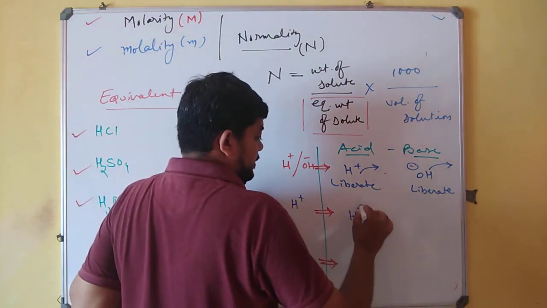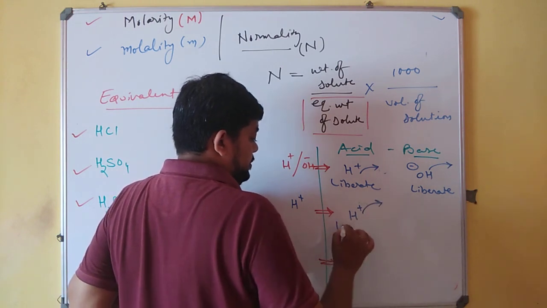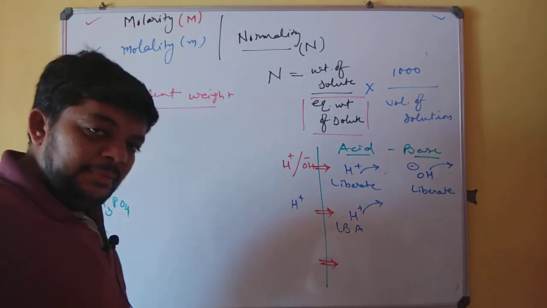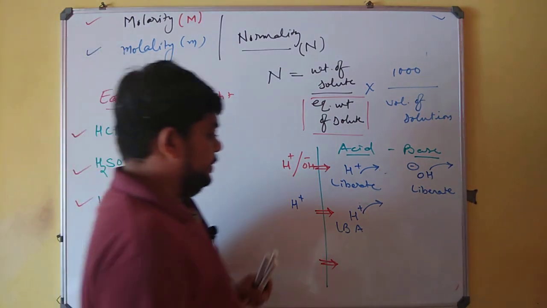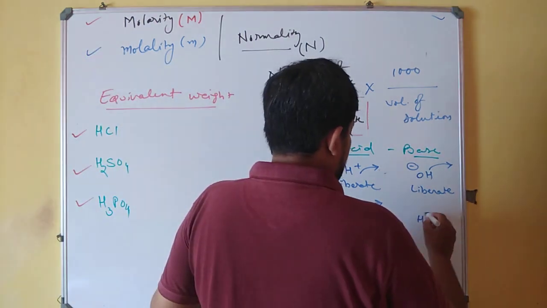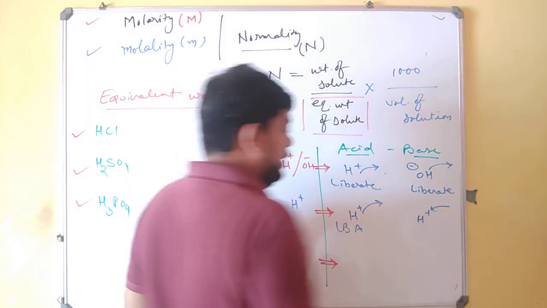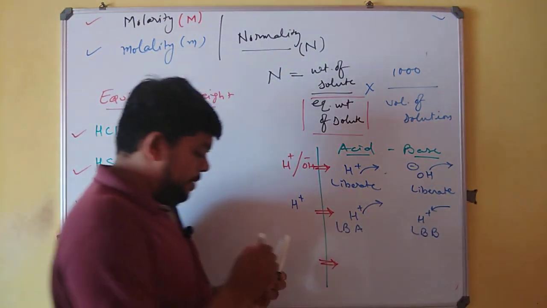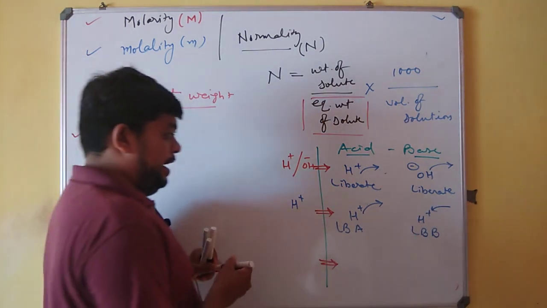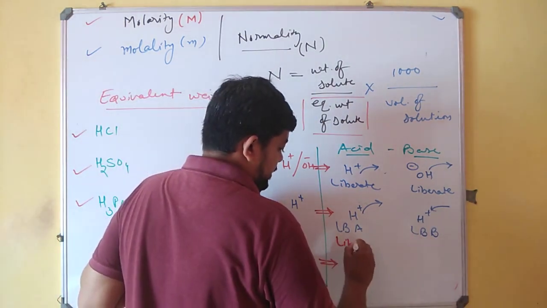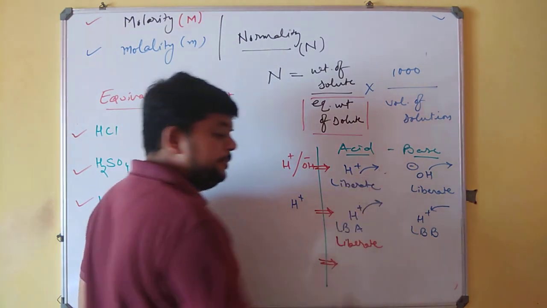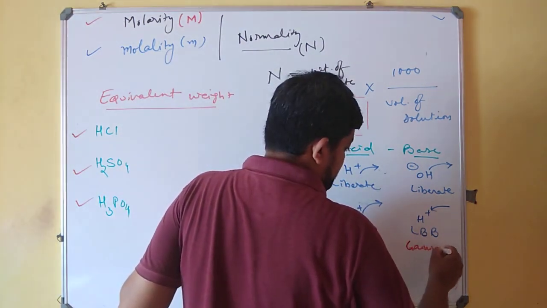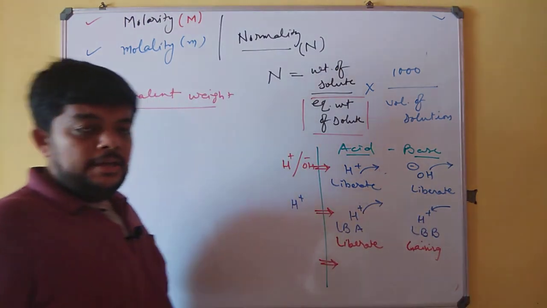Whenever we say that we are donating H plus, it is Lowry Bronsted acid, and similarly when I say it is gaining H plus, we will always say Lowry Bronsted base. So Lowry Bronsted acid is liberating H plus, and Lowry Bronsted base is gaining H plus.